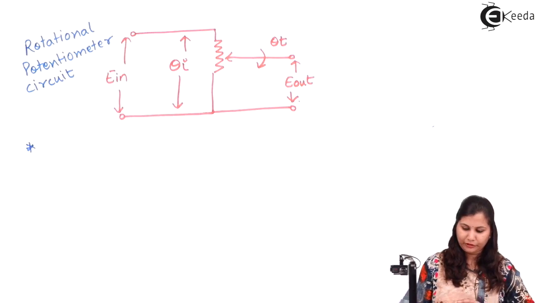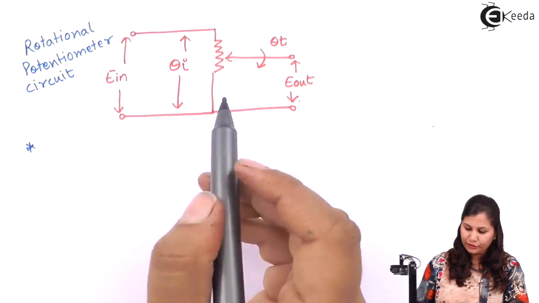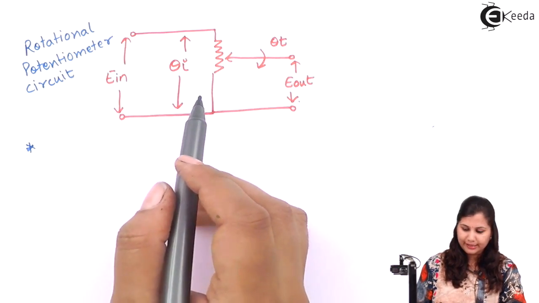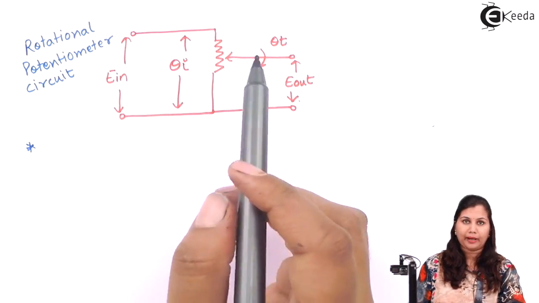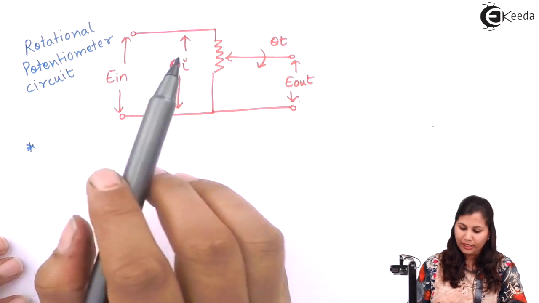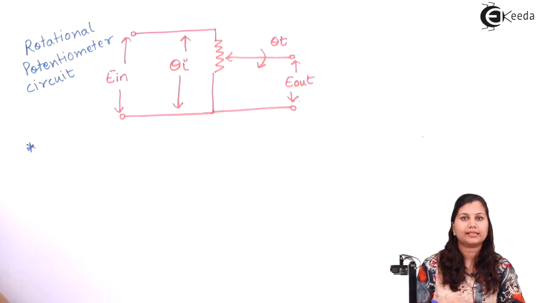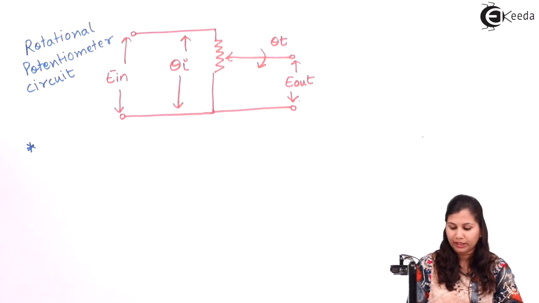In this potentiometer also, the ratio between the output voltage and the input voltage is equal to theta I by theta T, where theta I is the input angular displacement of the wiper, and theta T is the total length of the rotational potentiometer.